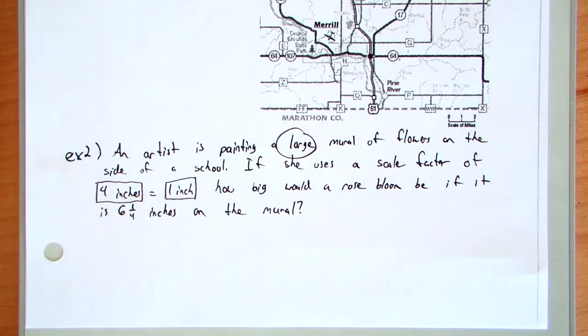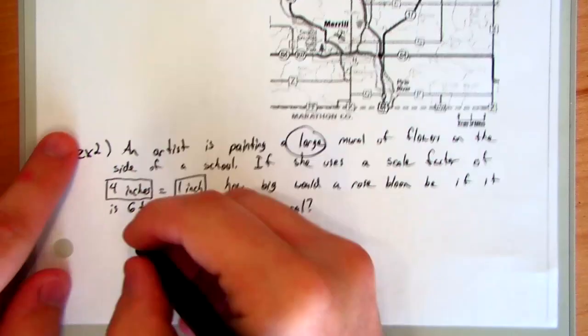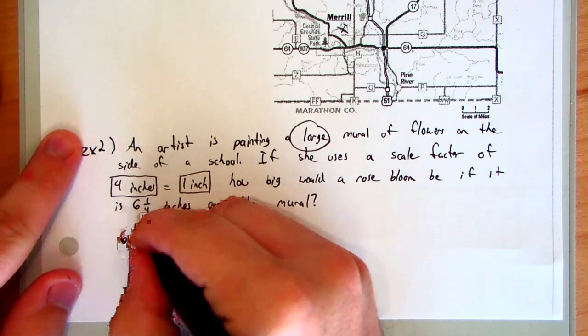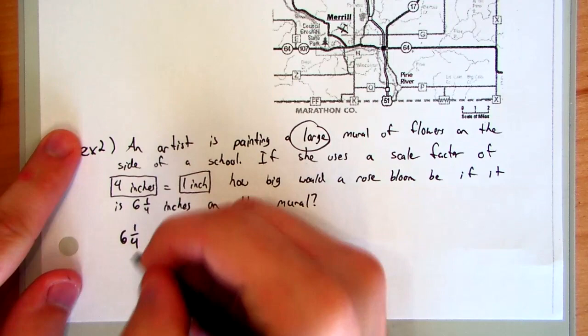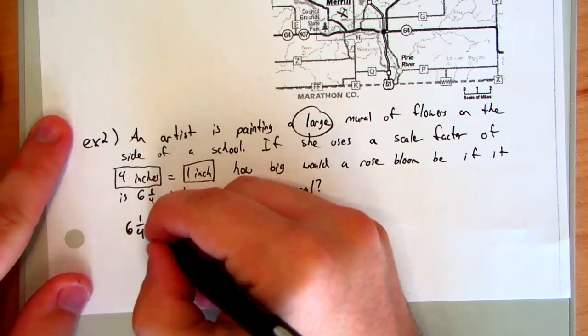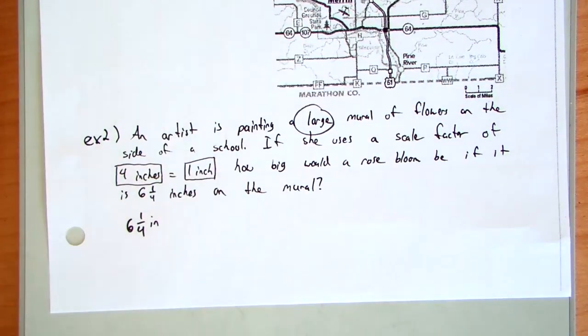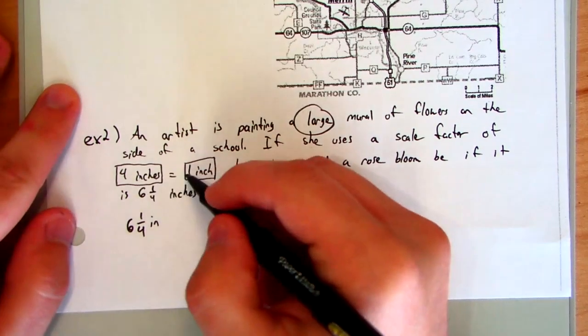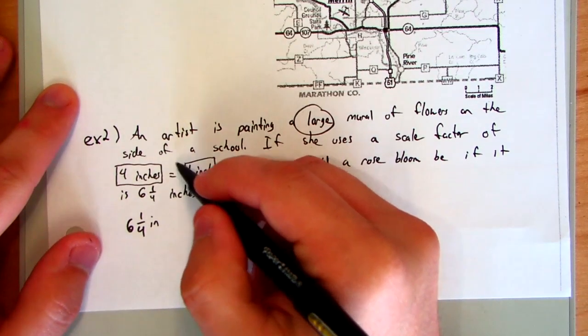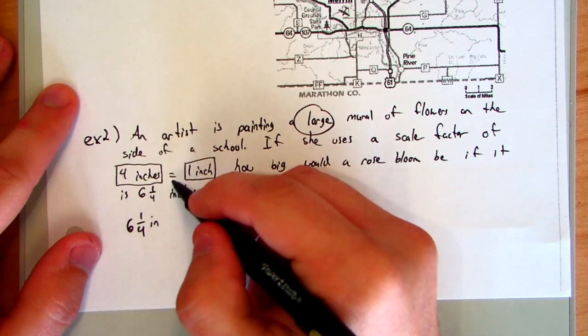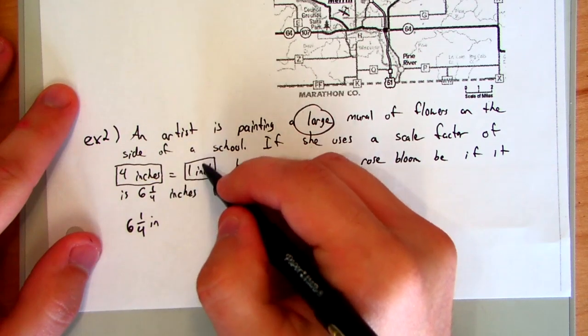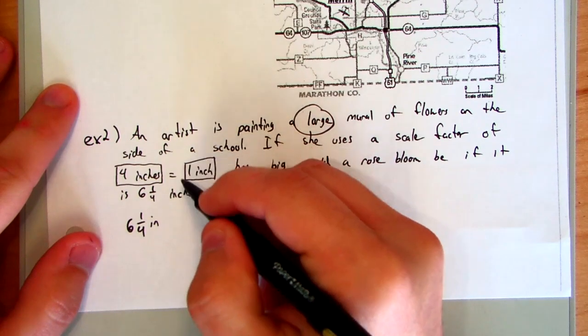So what we're going to do is start solving this problem. 6.25 inches, and this is on the mural. Next thing we're going to look at is our scale. So we have 4 inches for the mural for every 1 inch in actuality.